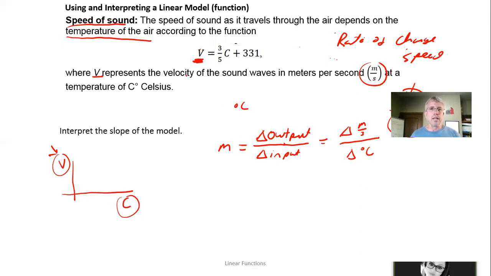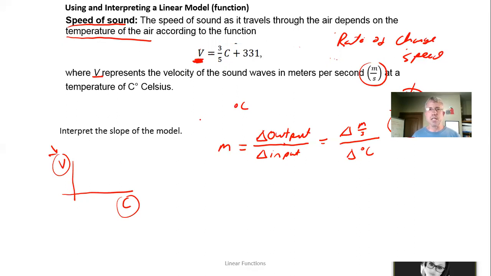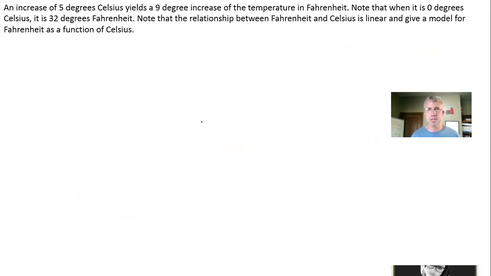So if I revisit the first example, but in a context that is showing up in homework 36, because that's what I was specifically asked to do. Same information on the first slide, but fed to you in a different way. This says an increase of 5 degrees Celsius yields a 9-degree increase in the temperature in Fahrenheit.